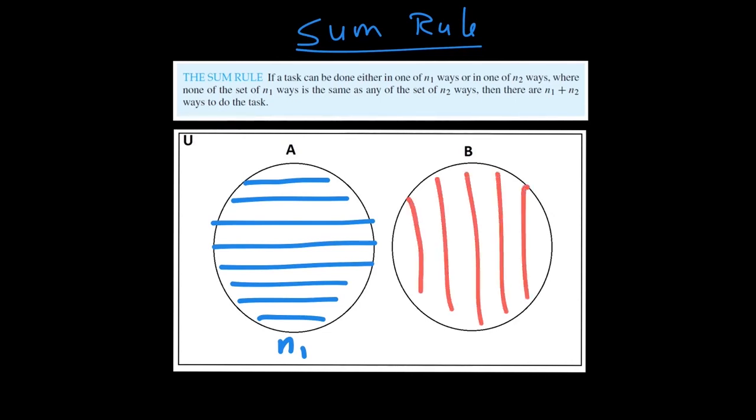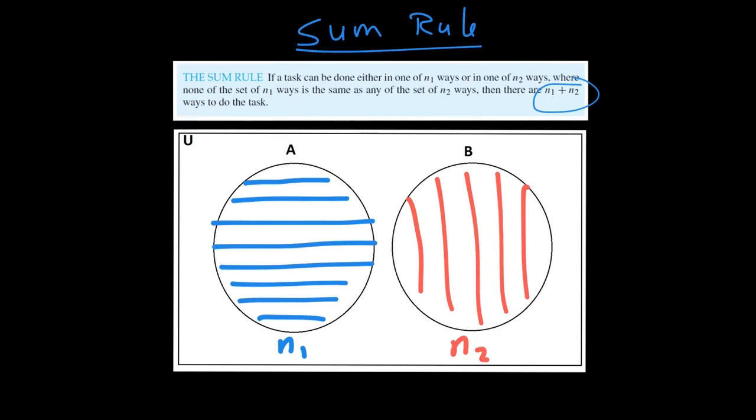We count all these, and there are n2 ways to do those. And so the number of ways to do both tasks is just, well, you just add them together. It's going to be n1 plus n2, right there.